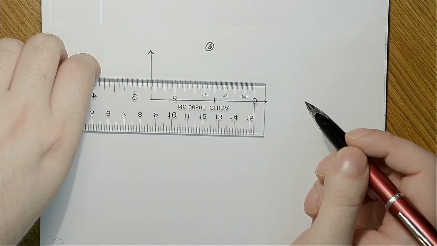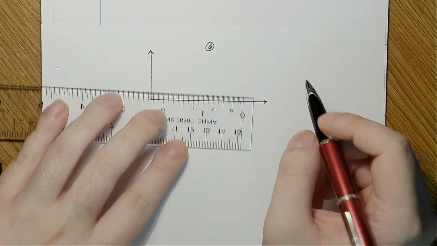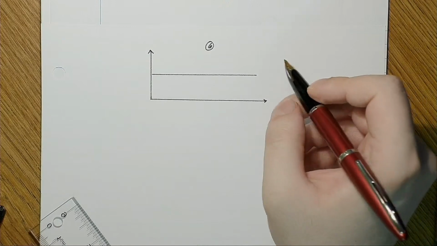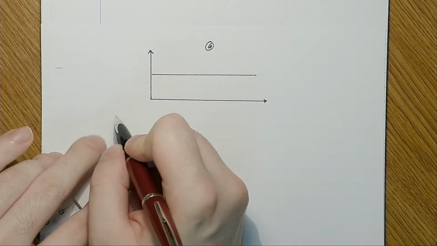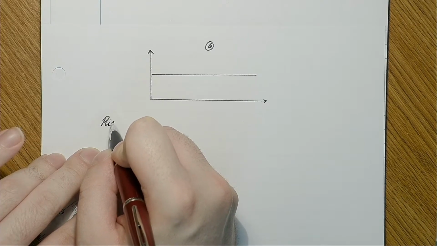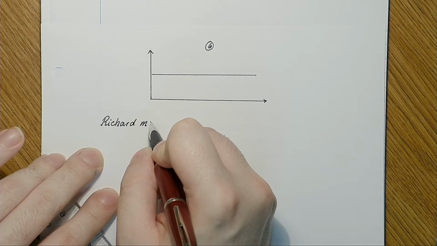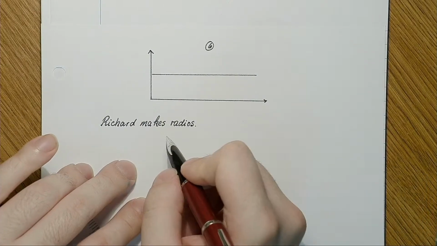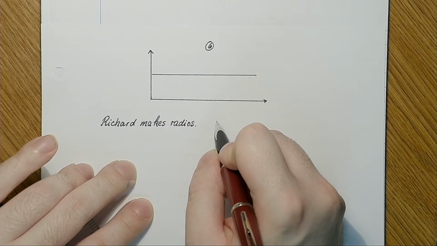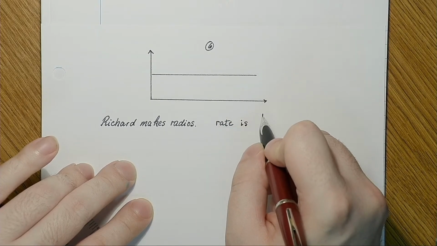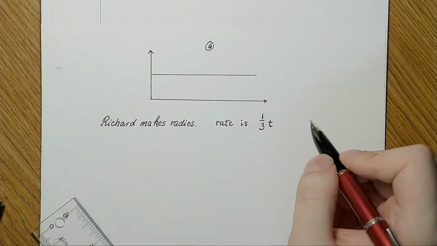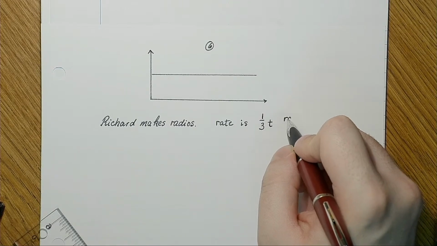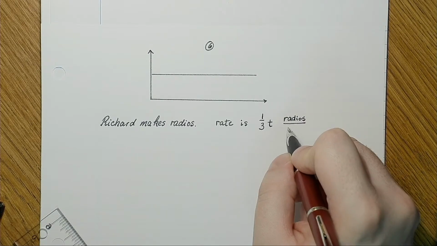Let's say I'm a worker, and let's say I'm not a very good worker, and my rate of making radios is 1/3 radios per hour.